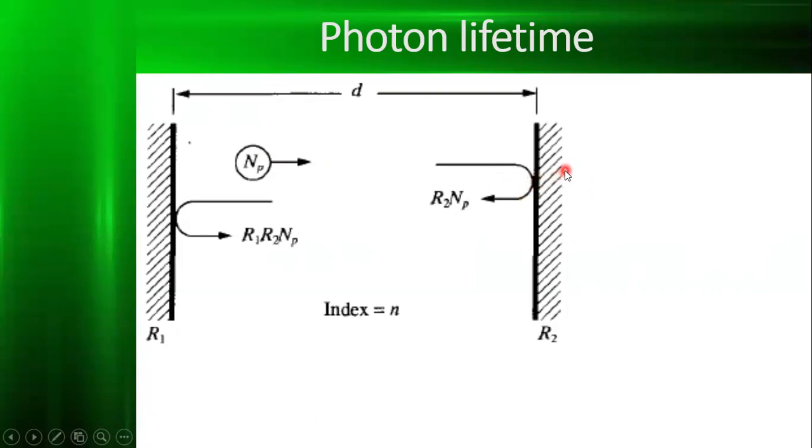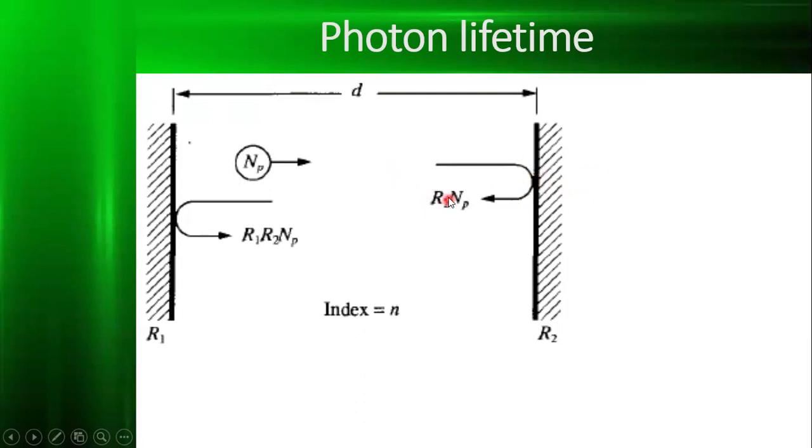Here we know a coefficient called R2. R2 represents the amount of intensity, which is the number of photons per unit area per unit time. A certain number of photons will be reflected, and a certain number of photons will be transmitted.